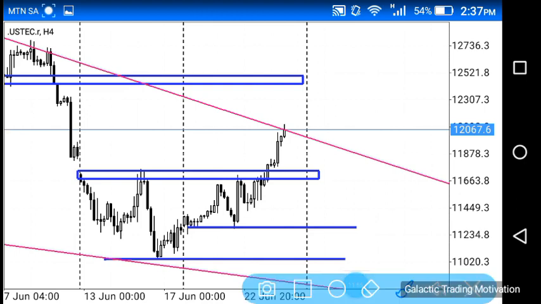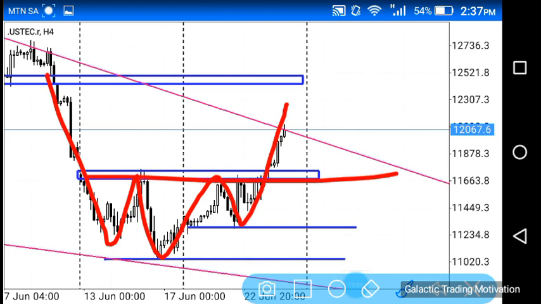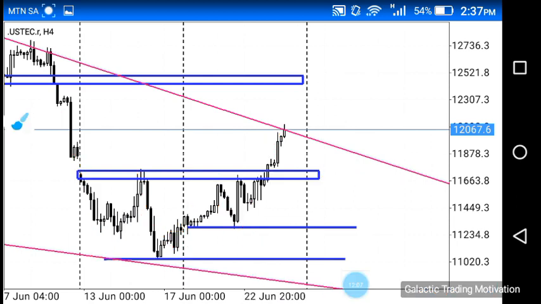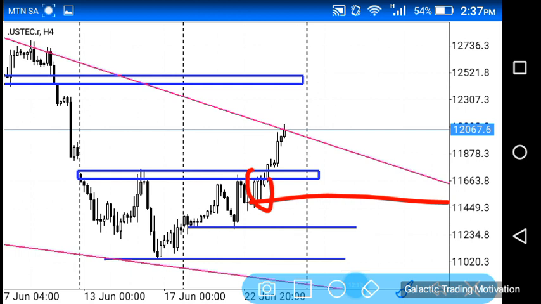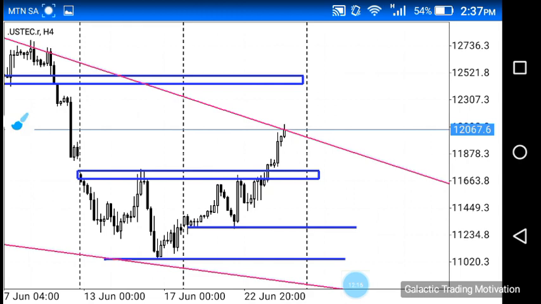I hope you guys can see that the inverted head and shoulders pattern is better visible on the H4 chart than on the daily chart, because we've got a left hand shoulder there, head there, and a right hand shoulder there, right? We also have this candlestick over here. It is a liquidity candlestick. Let's see, what else do we have?